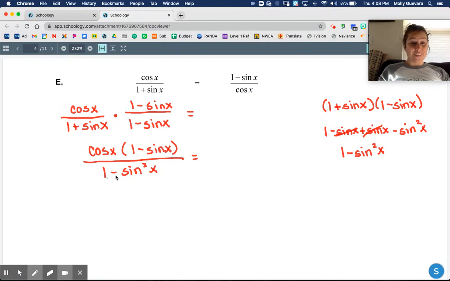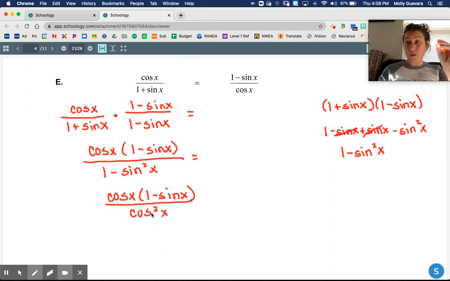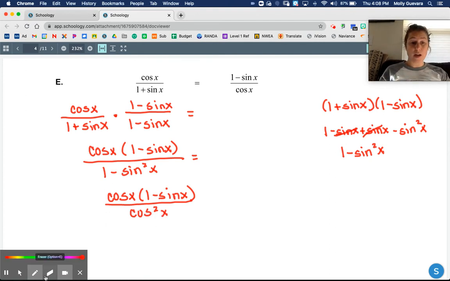Well, using our Pythagorean identity, 1 minus sine squared is cosine squared. So the top is still cosine x. Again, I'm not going to multiply it out. I don't want to make it more complicated. And the bottom becomes cosine squared. When I have 1 cosine on top and 2 cosines on bottom, they can cancel.